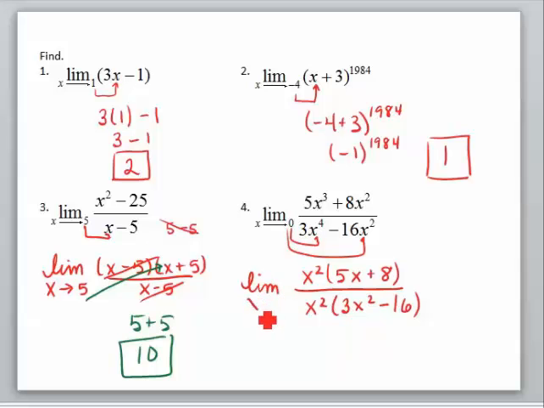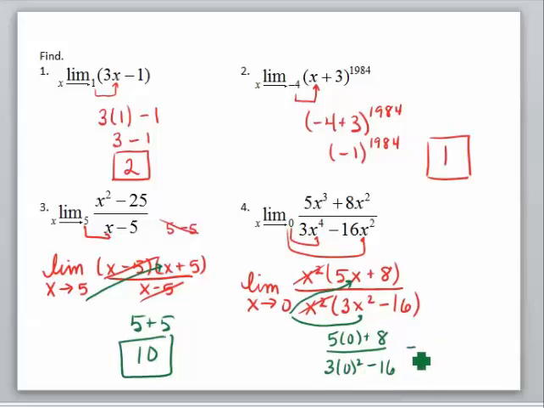I haven't taken the limit yet, so I'm going to recopy that part. I can cancel my x squareds, and then I can use direct substitution again to come up with my answer. 5 times 0 plus 8 over 3 times 0 squared minus 16. So I end up getting 8 over negative 16, which reduces to be negative 1/2.